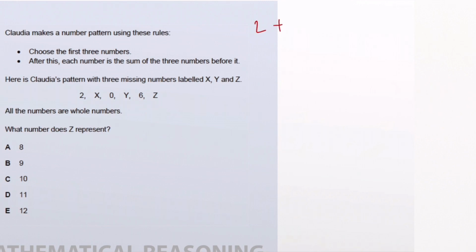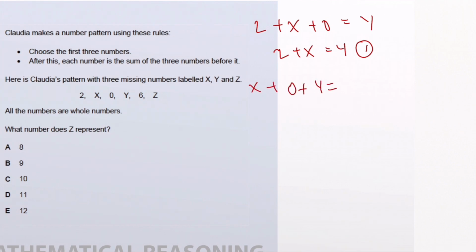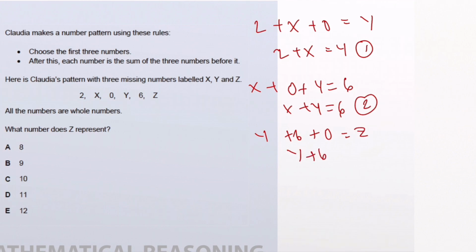So 2 plus X plus 0 is equal to Y, which means 2 plus X is equal to Y, which is our first equation. Then we have X plus 0 plus Y is equal to 6. So X plus Y is equal to 6, which is our second equation. And then Y plus 6 plus 0 is equal to Z. So Y plus 6 is equal to Z, which is our third equation.